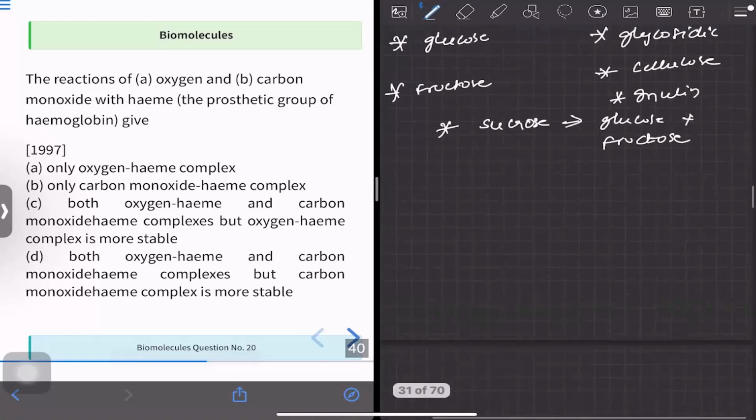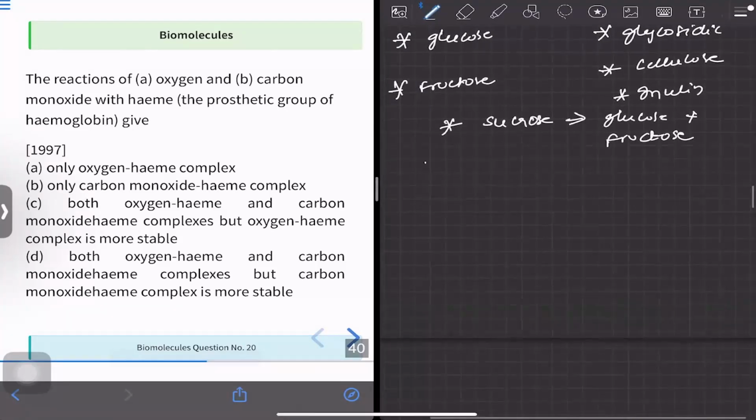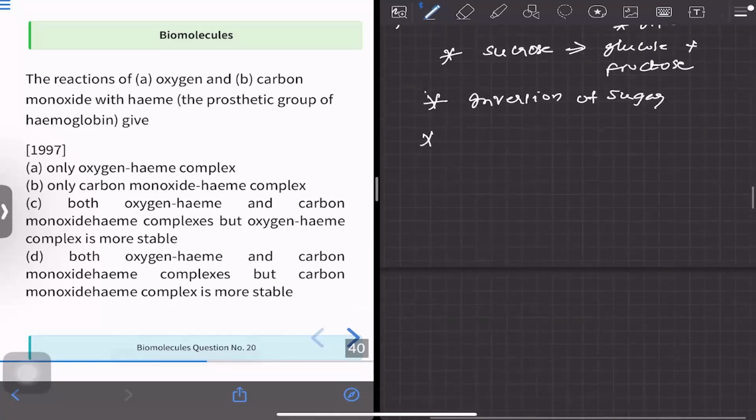After sucrose, we should remember one concept about it, that is inversion of sugar. What is meant by inversion of sugar? Sucrose is a dextrorotatory molecule with +62.5 degrees.